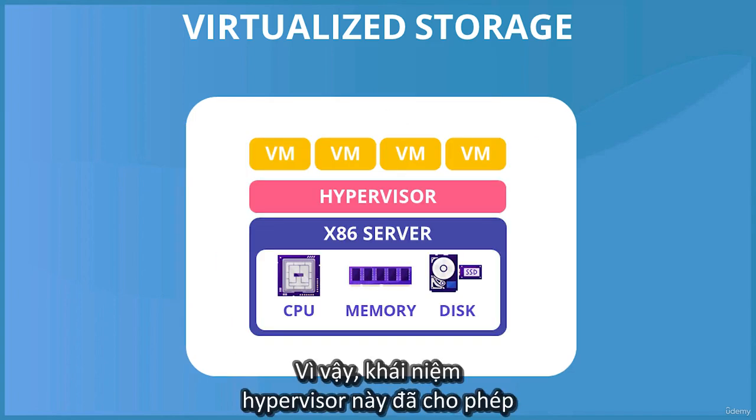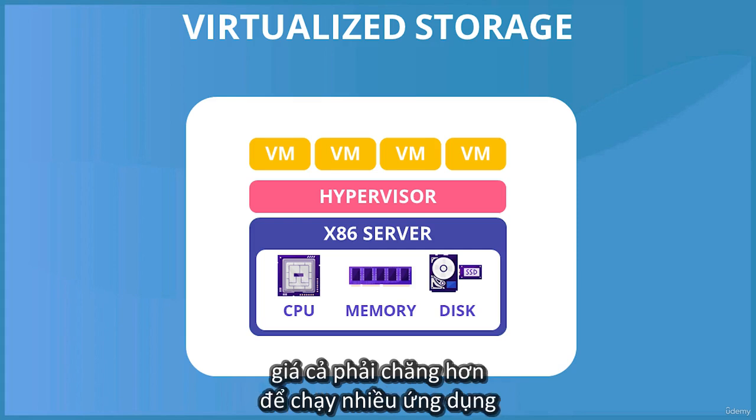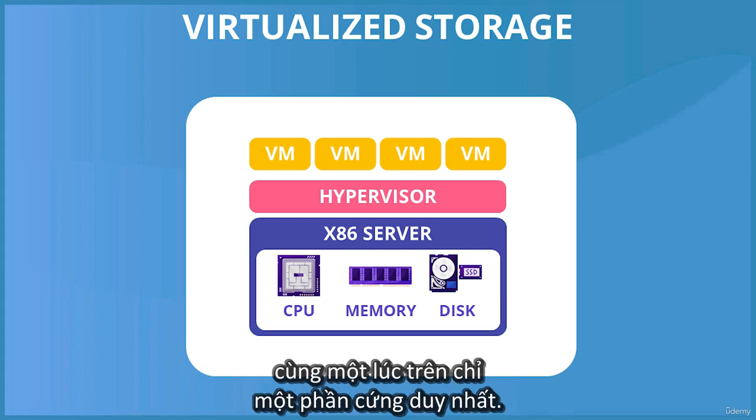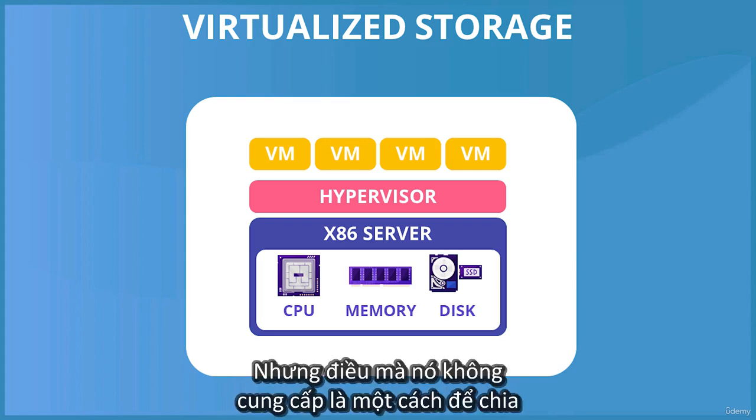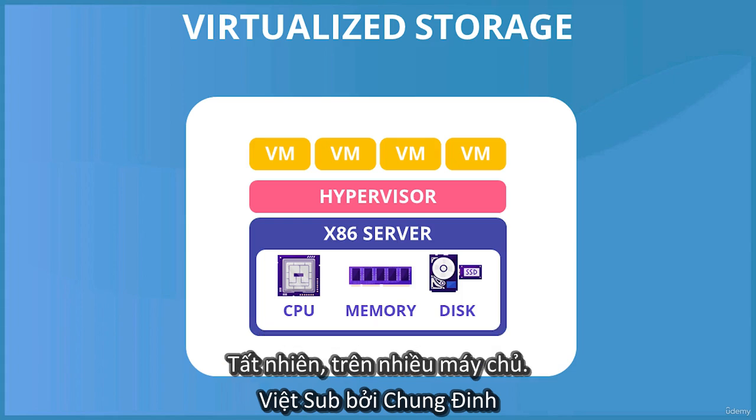So this hypervisor concept enabled organizations to use more affordable and common x86 servers to run multiple applications at once on just a single piece of hardware. But what it didn't provide was a way to share storage resources and the applications themselves across multiple servers.